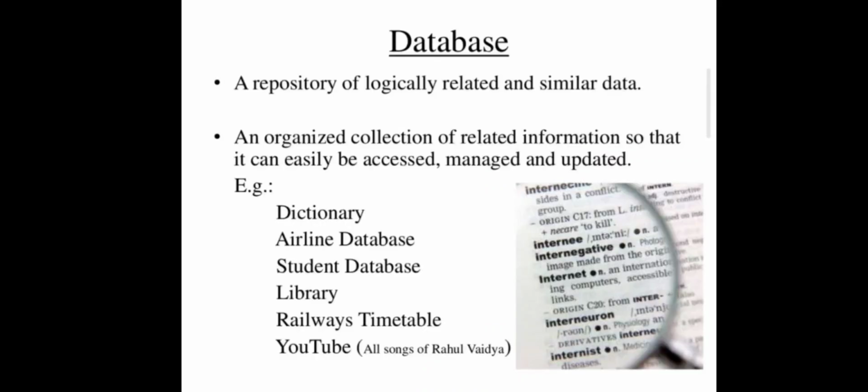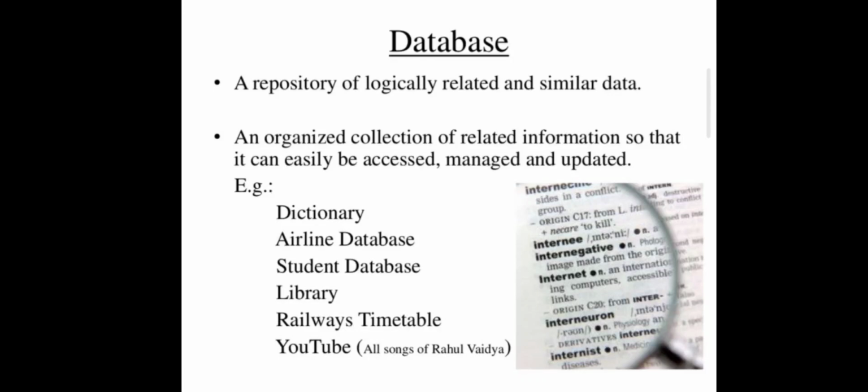Next one is database. A repository of logically related and similar data. Repository means a place in which things are stored. A storage area is called a repository. An organized collection of related information so that it can easily be accessed, managed, or updated.